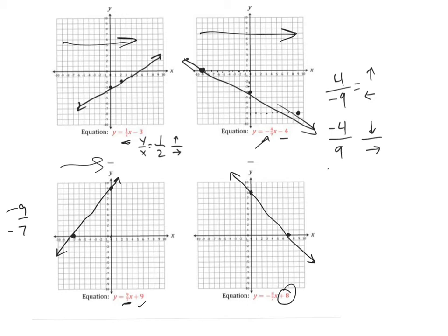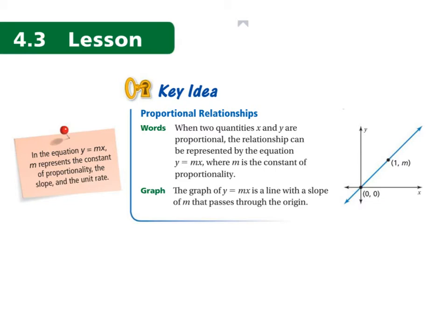From left to right, it goes up. This is a negative slope. From left to right, it goes down. So you need to be expecting that. If you have a negative slope and your line goes this way, you did something wrong. Hope that makes sense.